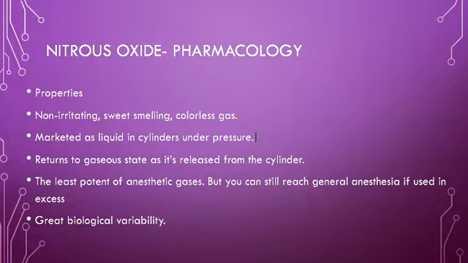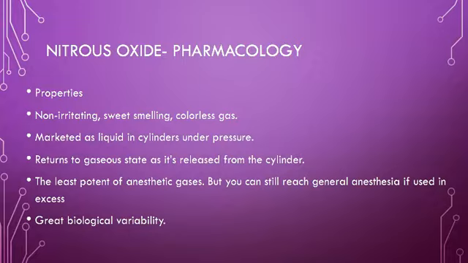Like I said, when it's put into cylinders under pressure, it becomes a liquid. And the fourth bullet point says that it returns to a gaseous state as it's released back out of the cylinder. So it really goes from a liquid under high pressure inside the cylinder to a gaseous state when it's released from that high pressure system.